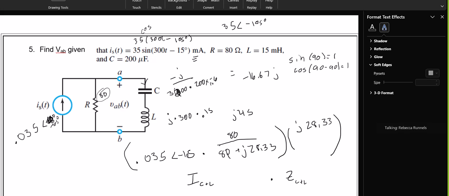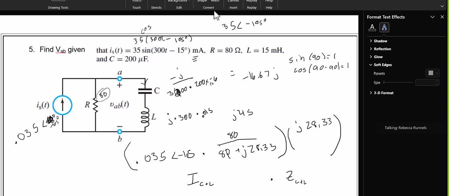Wow, this is stupid. No, I'm pretty sure that I did it right. But what I did not do right was the following. 15 millihenries is obviously 0.015 and not 0.15, and that's my mistake.